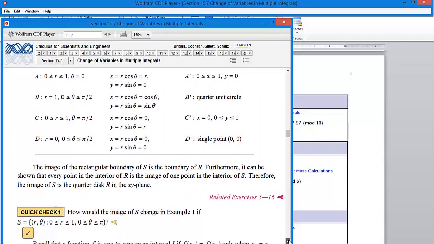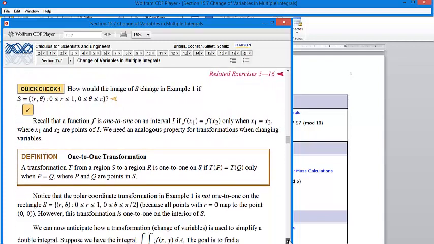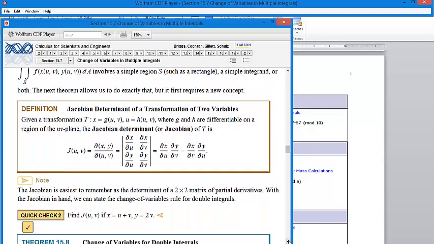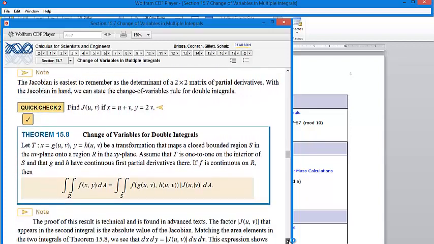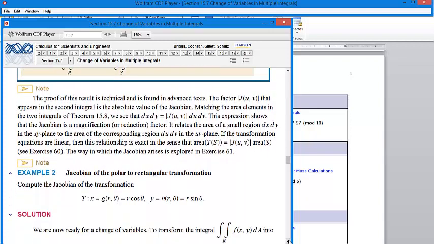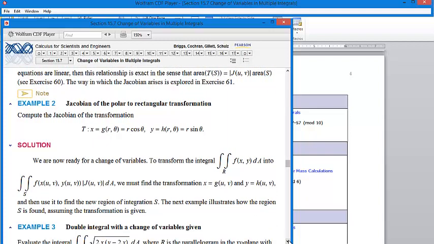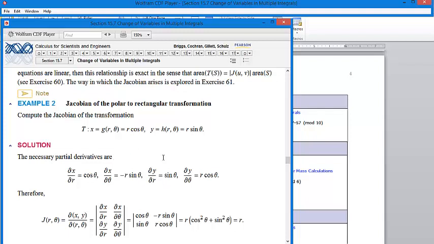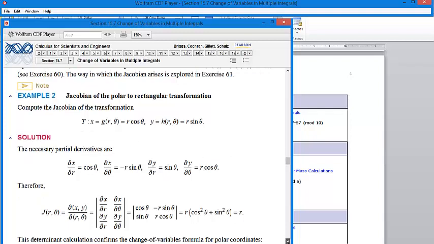Oh, do they do it? Where is the Jacobian, guys? It's got to be done here. Yeah. Here it is. The Jacobian of polar to rectangle. They say x is now a function of r and theta, and y is a function of r and theta. And so look what happens when they compute the Jacobian.